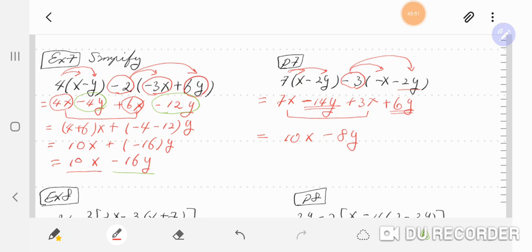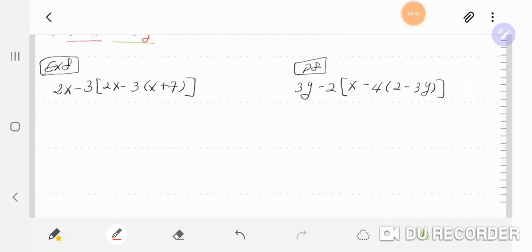Okay, let's try example 8. Example 8 has a bracket. This one has a bracket, and inside this bracket, it has parentheses. So, the order of operations is what? Always simplify the parentheses inside the large bracket first. So let's simplify the expression inside the large bracket.